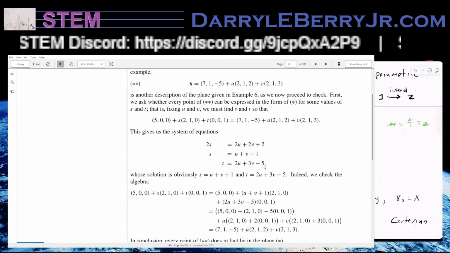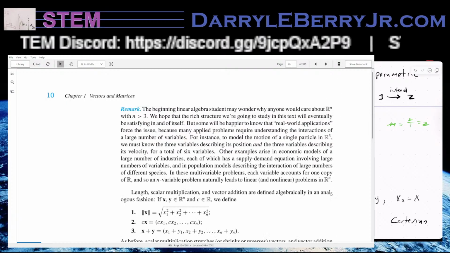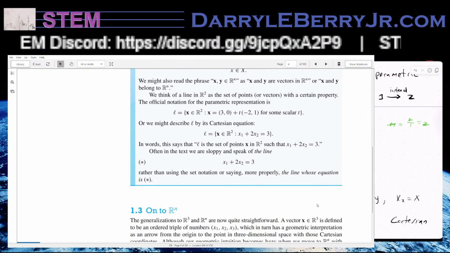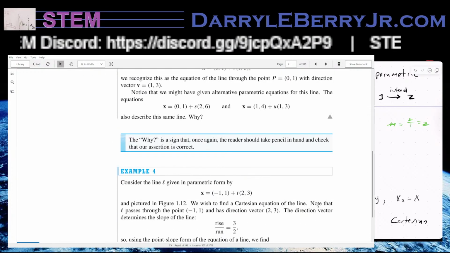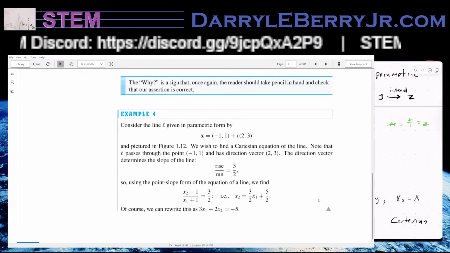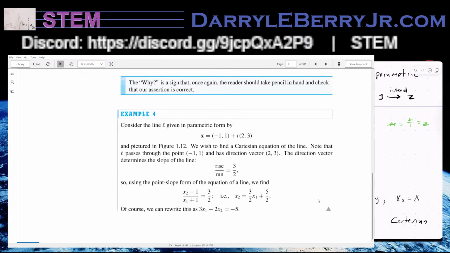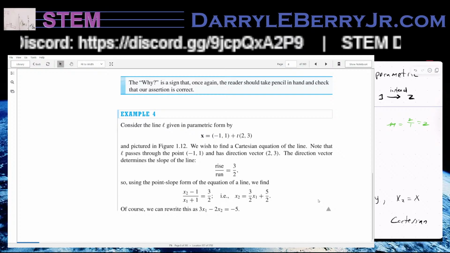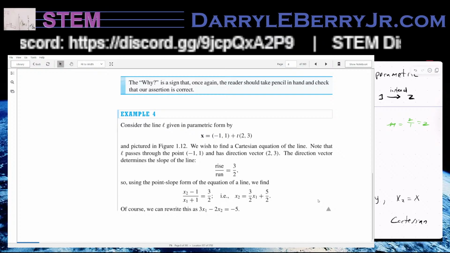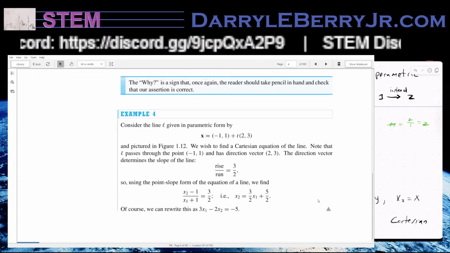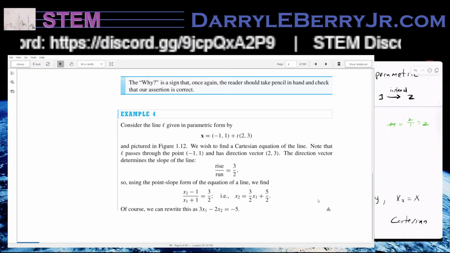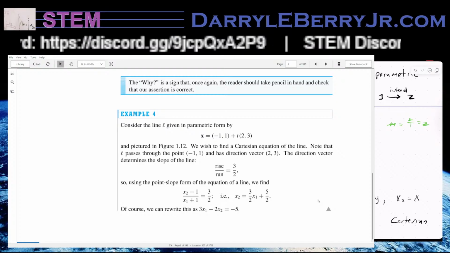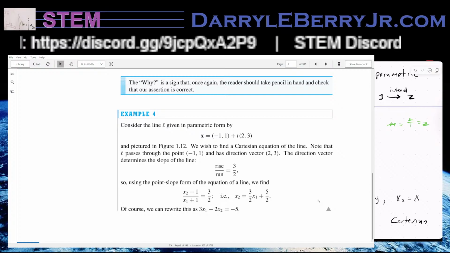We'll look one more time at that example, the other way of getting a Cartesian. Always seems strange to me.